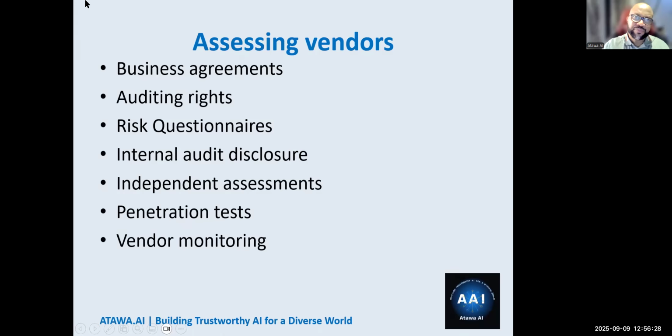All right, in this situation, let's talk about some of the agreements. When you're trying to assess your vendors, make sure you look at your business agreement. In your agreement, what are my rights to audit you? Maybe issue a risk questionnaire so you can see what their risk posture is, how strong they are. Of course, auditing, maybe can I do pen testing? And of course, monitor your vendors, right?